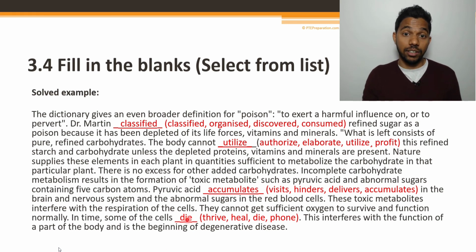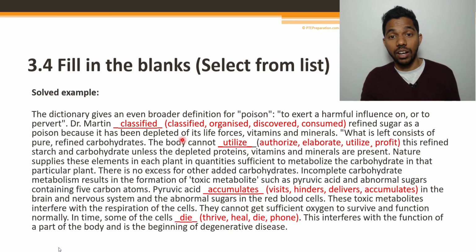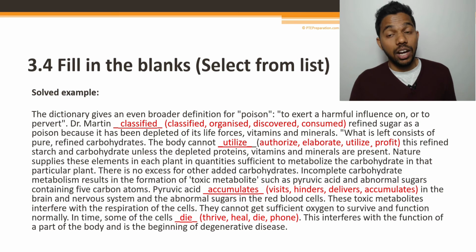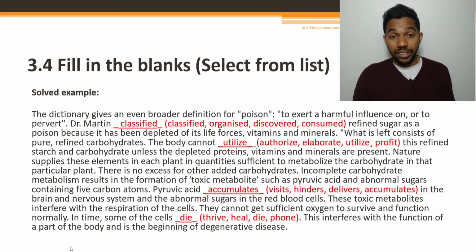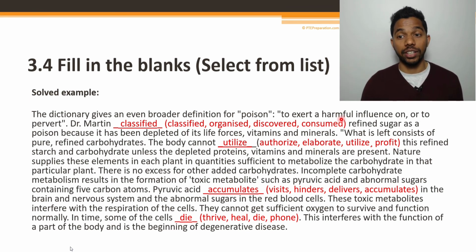So again, these are the answers here on screen. In this particular fill in the blanks, your ability to know the meanings of the different options presented is very important in figuring out what the correct answer is.